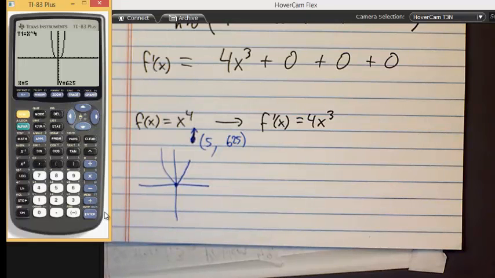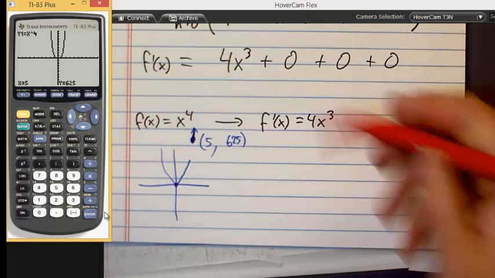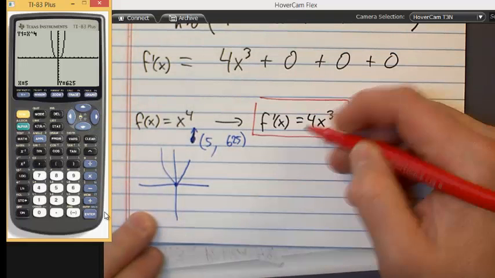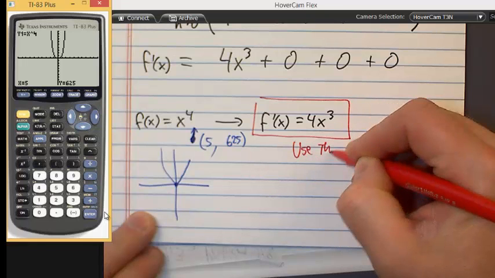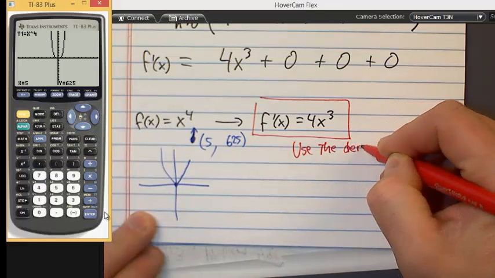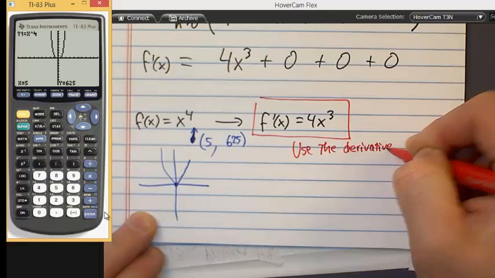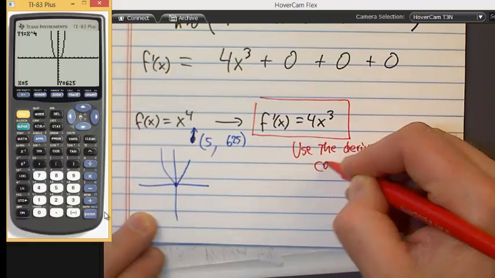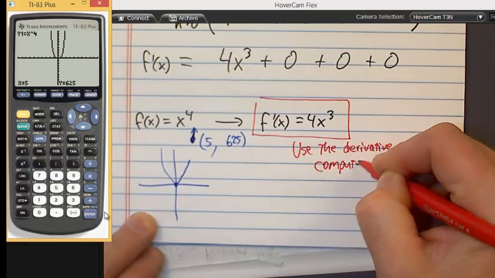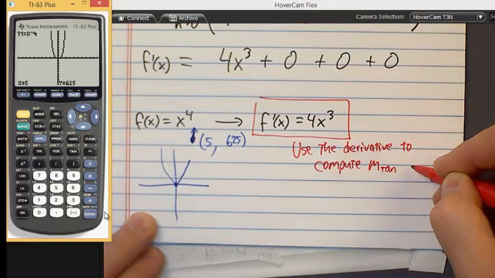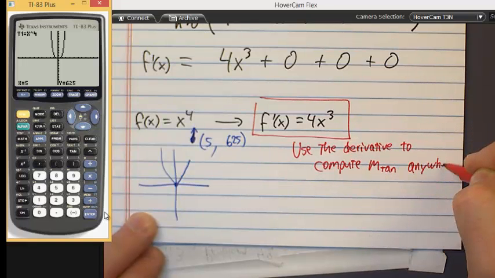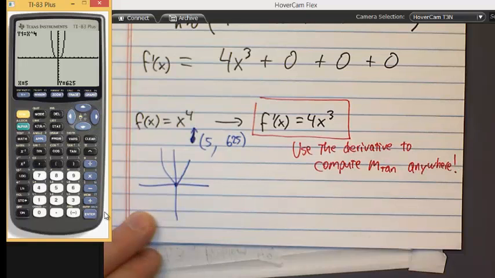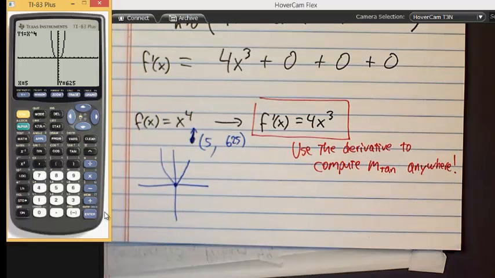Well, here's the thing. This new function, the derivative, you use to compute m tan anywhere. That's the deal.